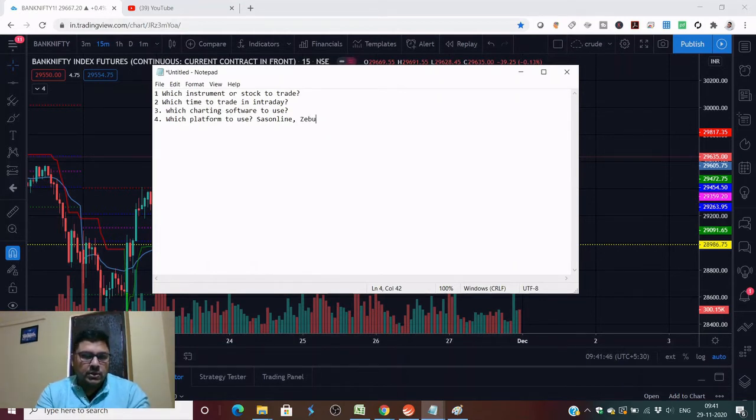If you are into option selling, you can use Zebu. I think these two are sufficient for you, because if you're doing option selling, then you should have more leverage which Zebu provides, and if you're doing buying, then you need an unlimited plan which SAS Online is providing. So I don't think there is any other platform which is needed for you to check.